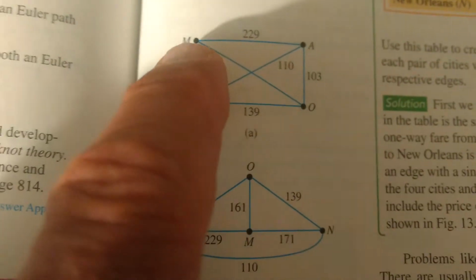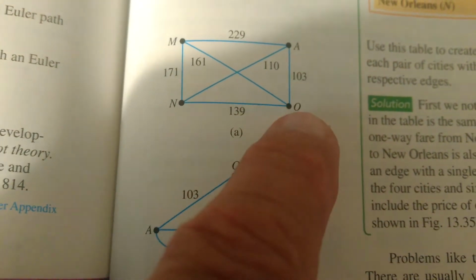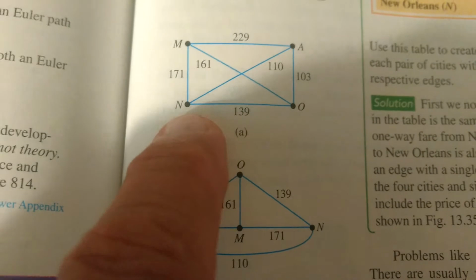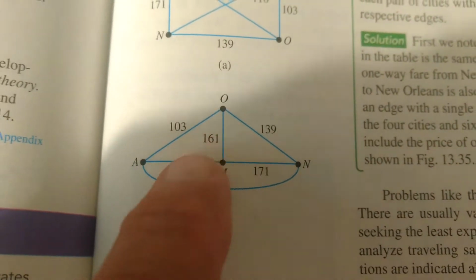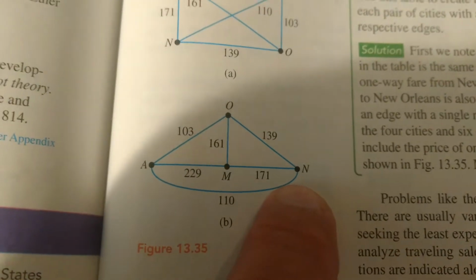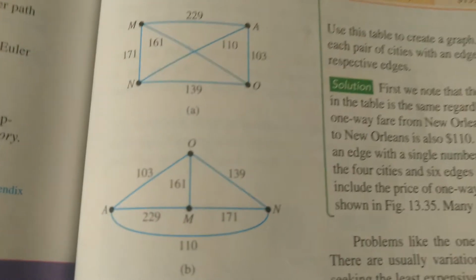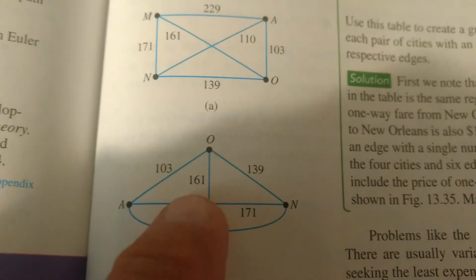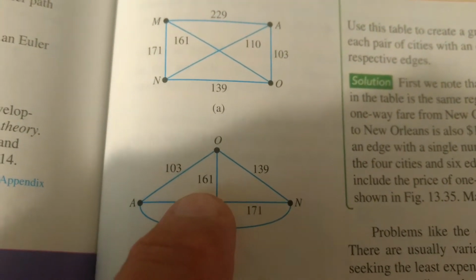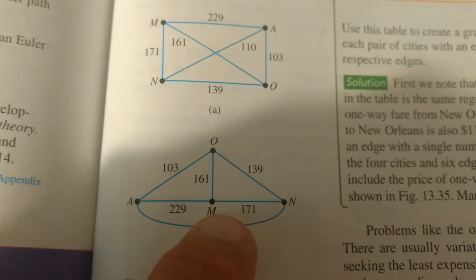So see how, from Memphis there's 3 lines, from Atlanta 3 lines, Orlando 3 lines, New Orleans 3 lines. See here, Orlando 3 lines, Atlanta 3 lines, Memphis 3 lines, and then New Orleans 3 lines. So there's different ways to represent this, okay? But again, make reference to this. In this type of problem, the traveling salesman problem, we're not only concerned with the path, we're also concerned with doing the cheapest route.